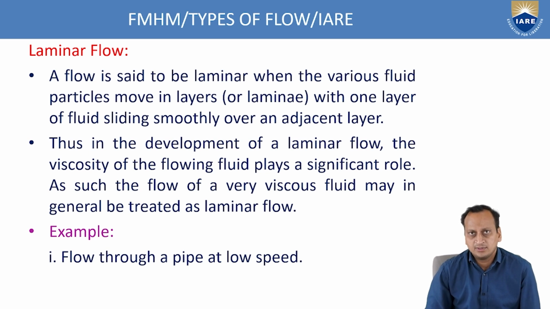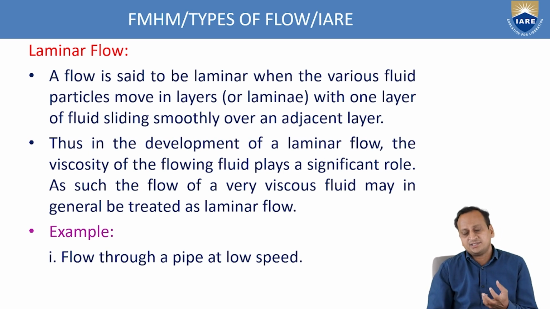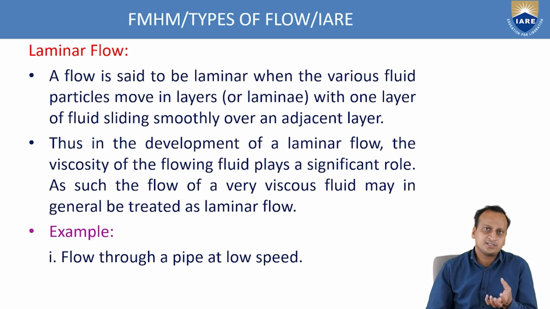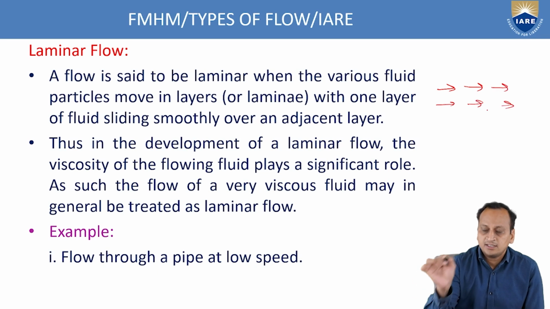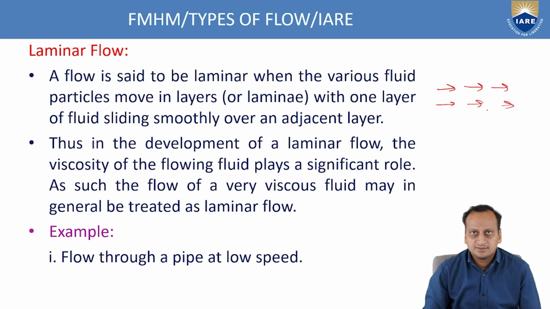Next, laminar flow. There are three different types of flows as per the Reynolds number: laminar flow, transition flow, and turbulent flow. In laminar flow, the fluid particles will be moving in predefined paths without disturbing the other fluid particles' paths.